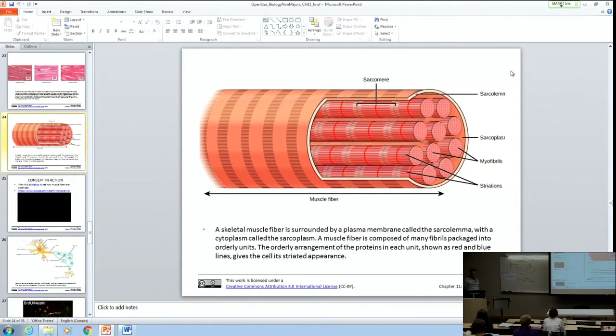So they're aligned in these tubes. And here's the Z lines of one, and the thin filaments and the thick filaments inside there. I'm going to see if this thing works.